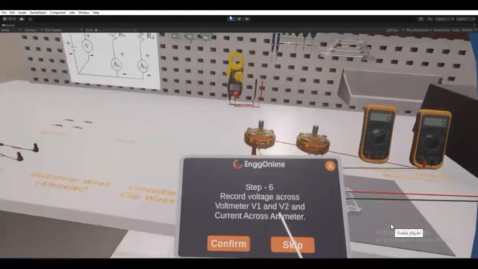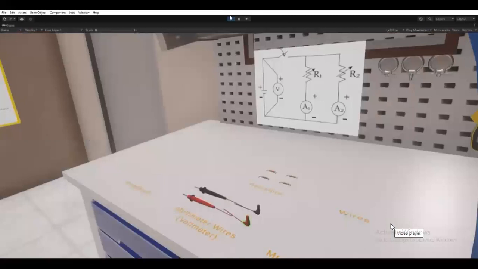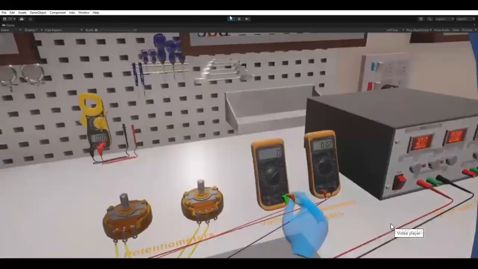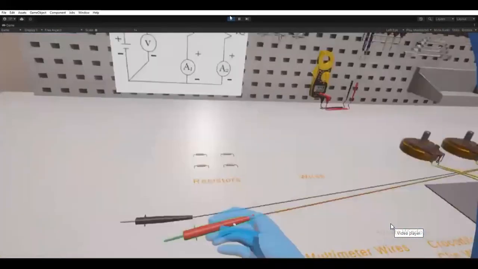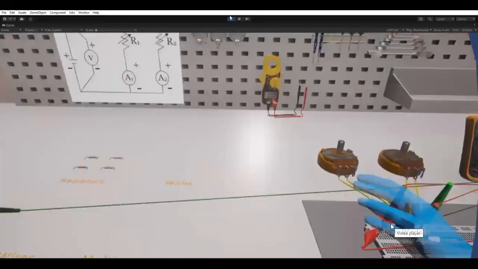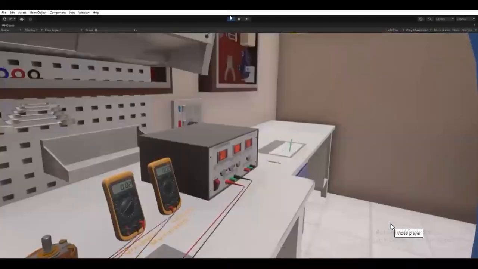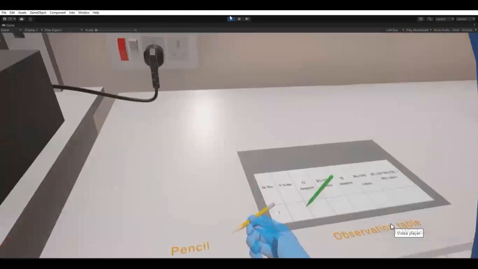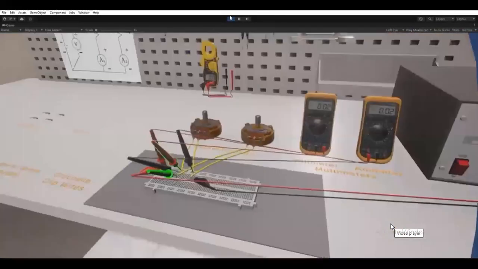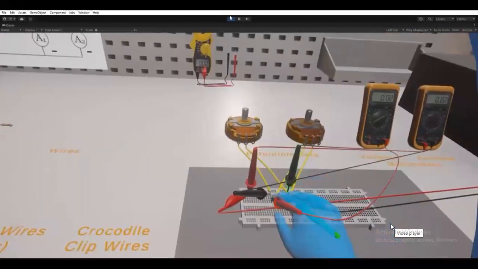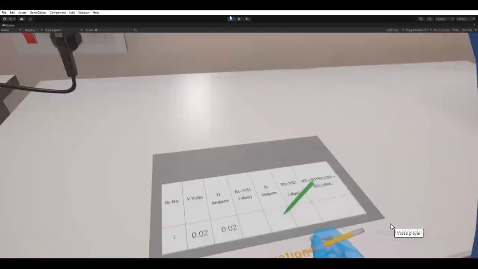Record voltage across voltmeter V1 and V2 and current across the ammeter. Step 7.